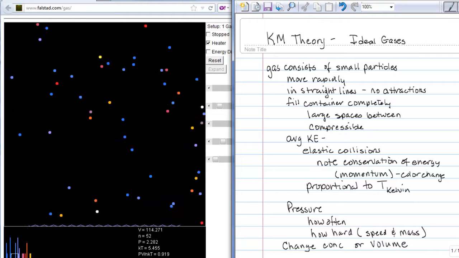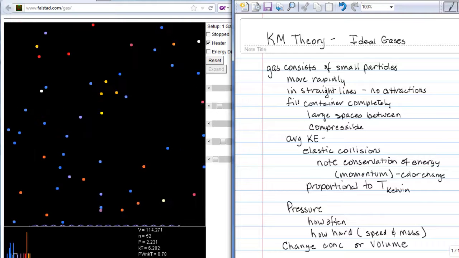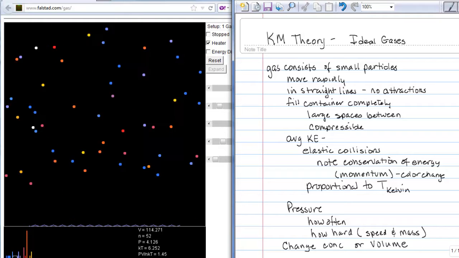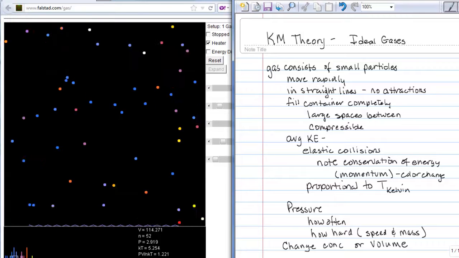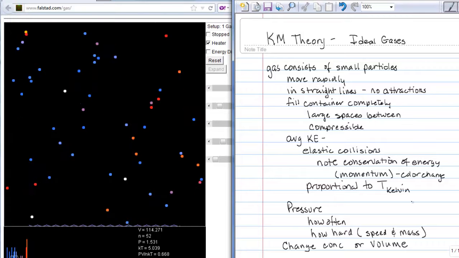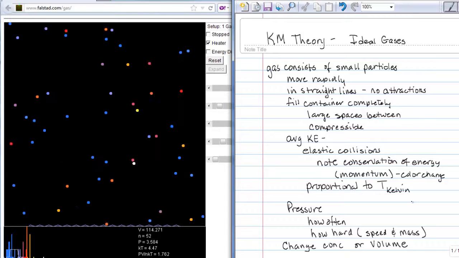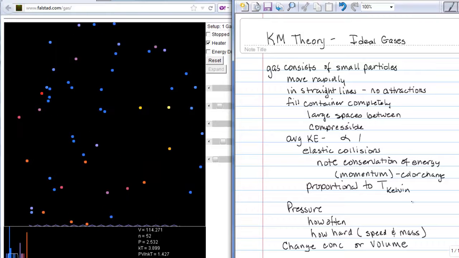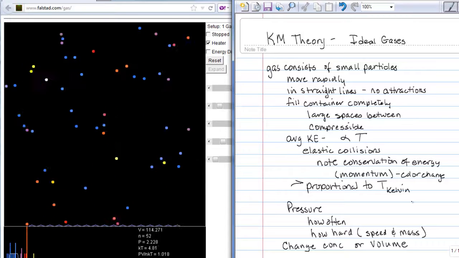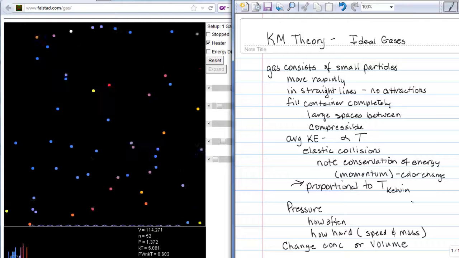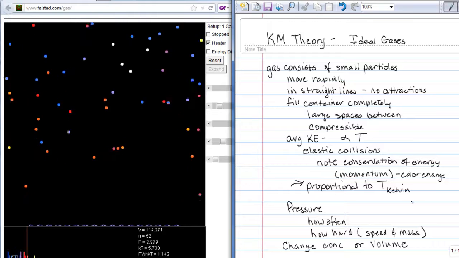Gases are also compressible, and you can see there's lots of room to push things together here. Whereas with liquids and solids, we call them condensed states because the particles are already as close together as they can possibly be. The average kinetic energy is proportional to the temperature in Kelvin, and we have elastic collisions where energy is transferred but energy is not lost.